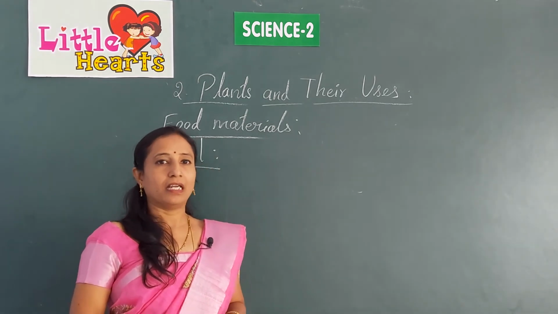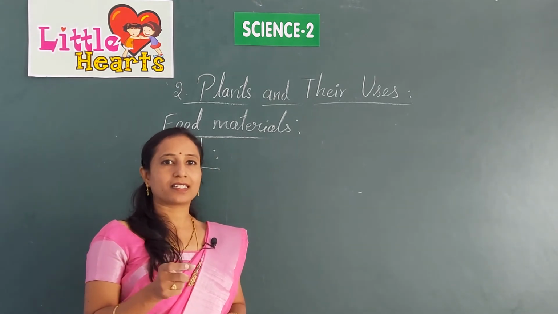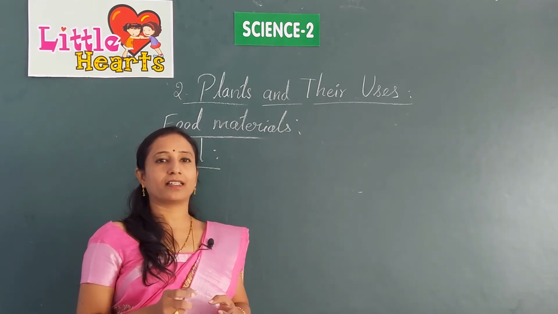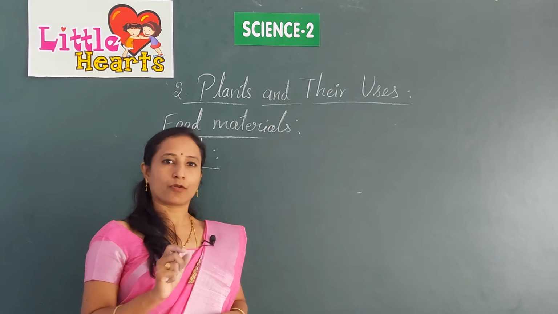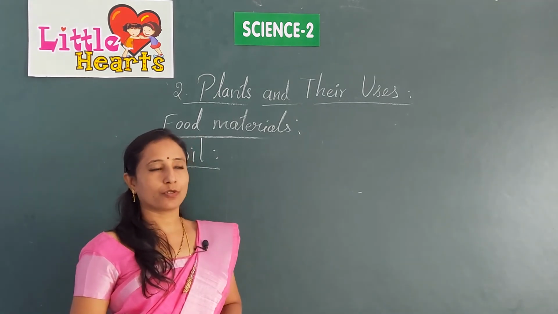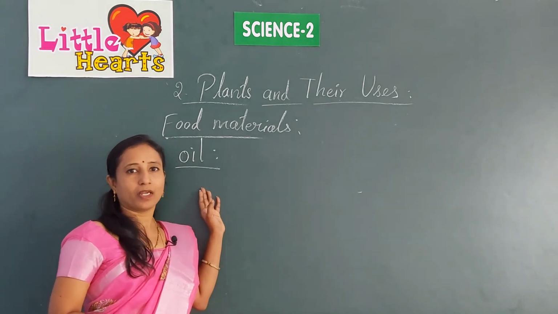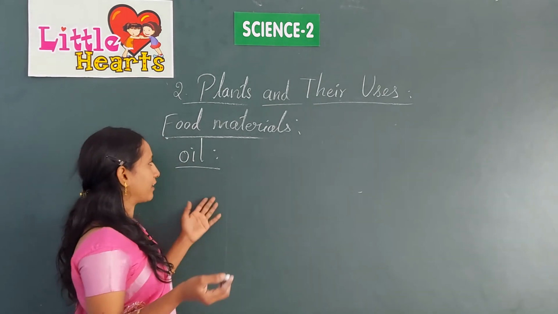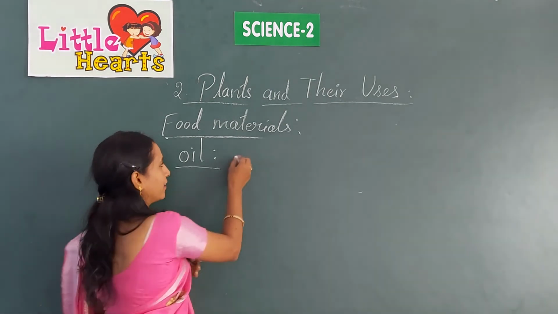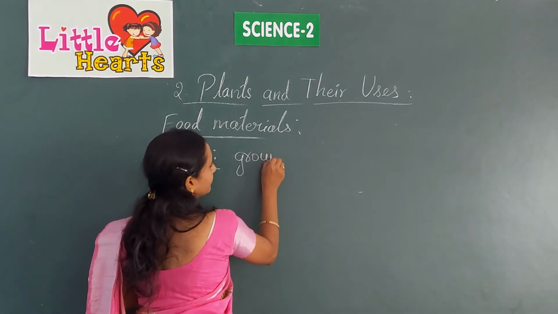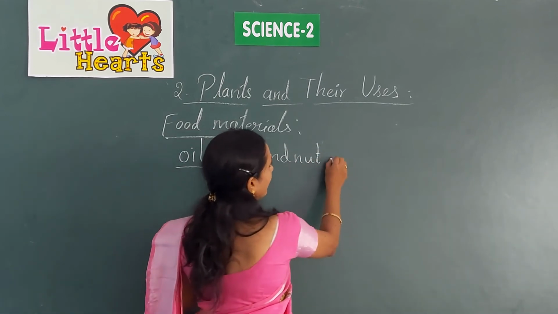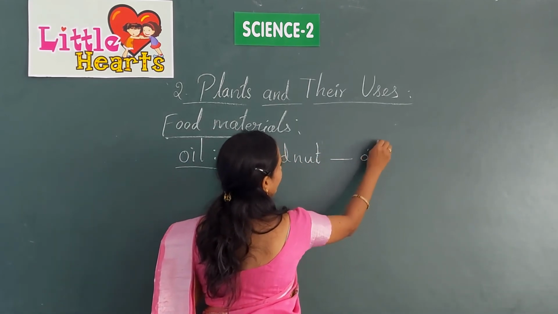Extraction means the seeds are roasted and crushed in the mills, and oil is extracted from the seeds. What are the examples of oil seeds? You generally know groundnut, isn't it? We get groundnut oil.